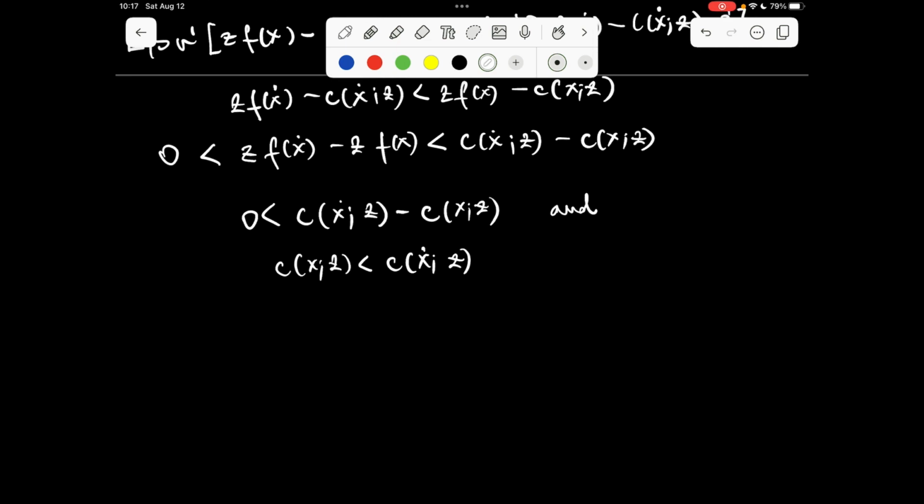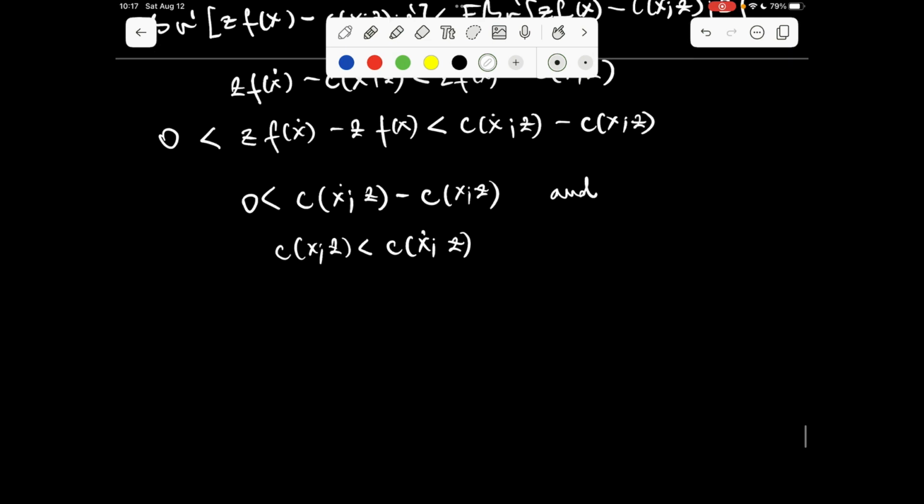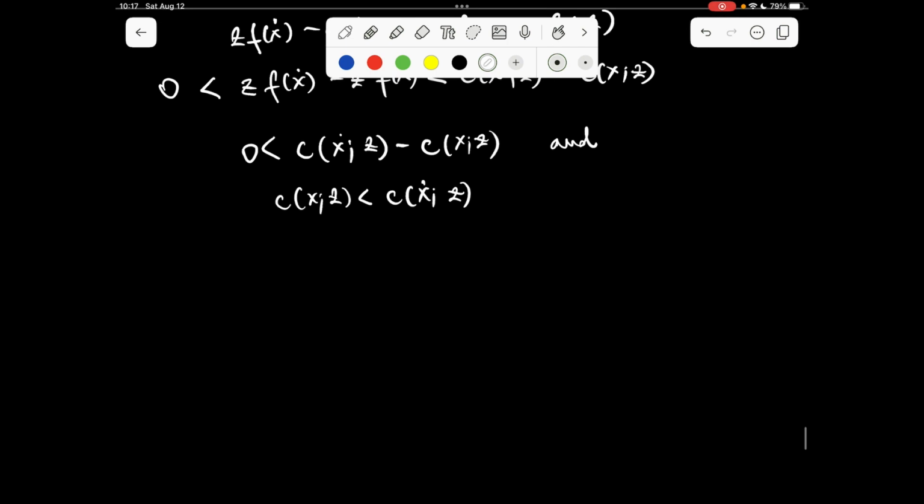What can we say about the monotonicity of the consumption function in its second variable? We can demonstrate that consumption function C is increasing in Z in the same way.